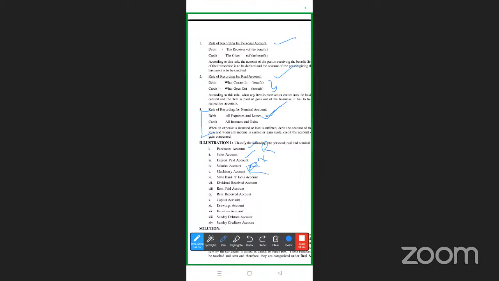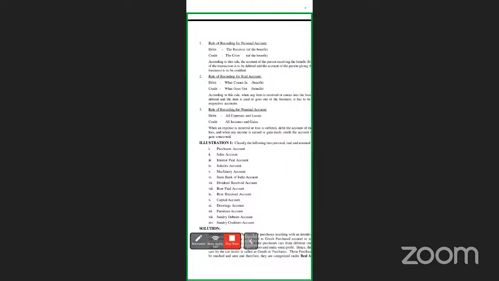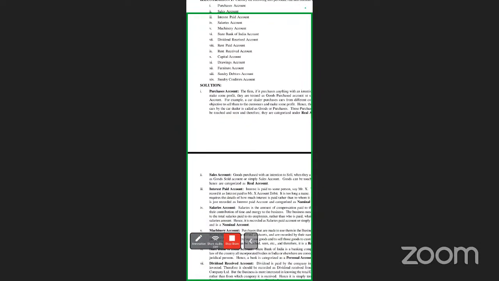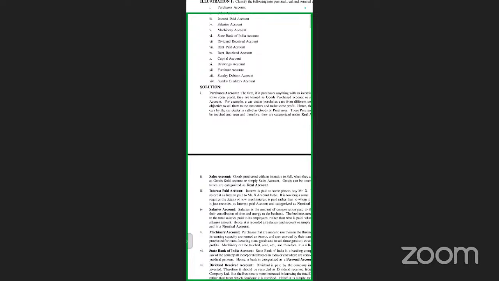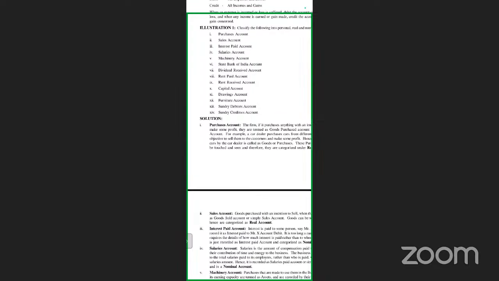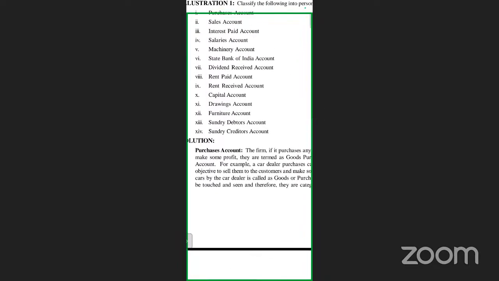State Bank of India account. It comes under personal, because it's the name of a bank.